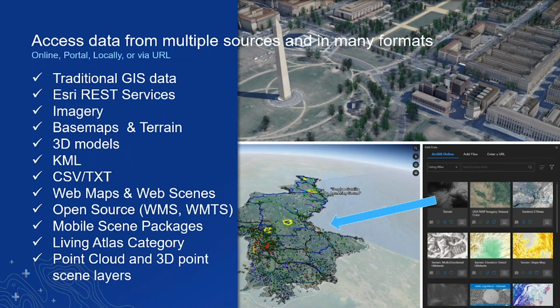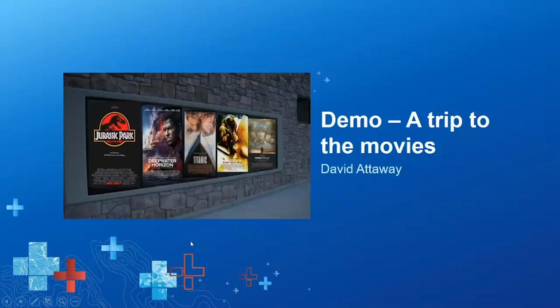So you can access multiple sources through ArcGIS Online and Portal, locally on your hard drive or from a file server or via URL, and in many different formats, from shape files, as you can see here, or REST services, imagery, base maps, 3D models, all of which you will see when David does his demo. So with that, I'm going to pass it over to David to jump right into his demo.